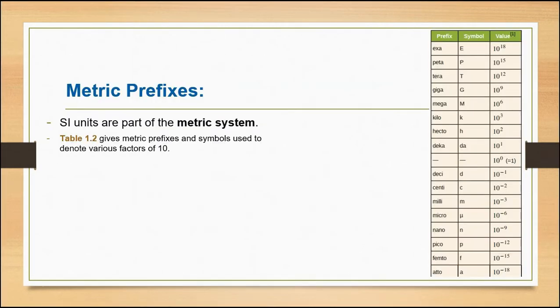Metric prefixes. SI units are a part of the metric system. For example, kilogram, which is the SI unit of mass, a fundamental unit. K stands for kilo, and kilo means 1000. So 1 kilogram means 1000 grams, or 10 to the third grams.